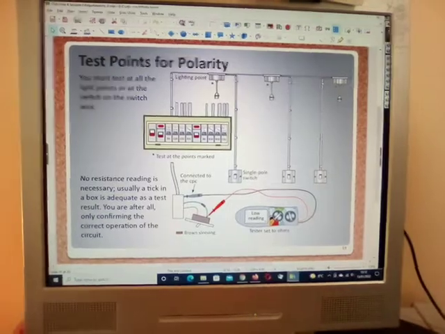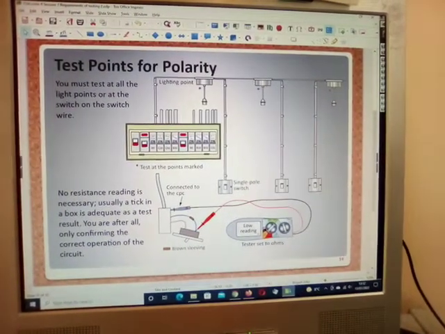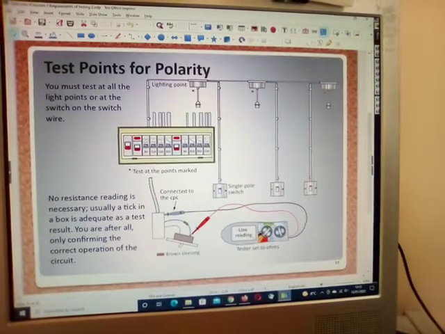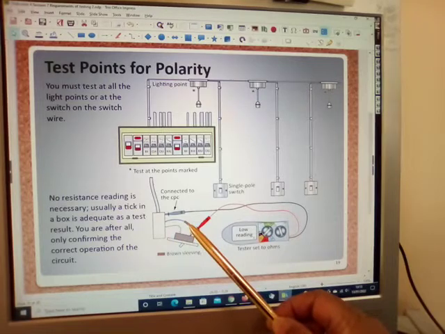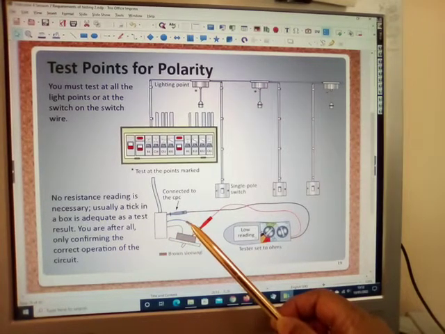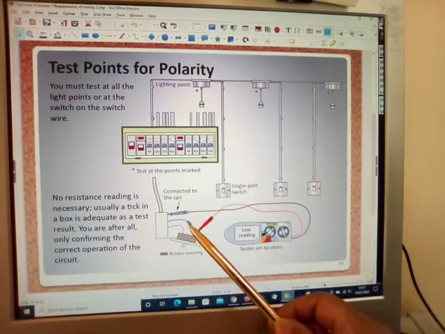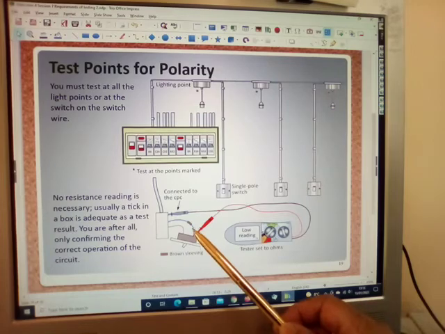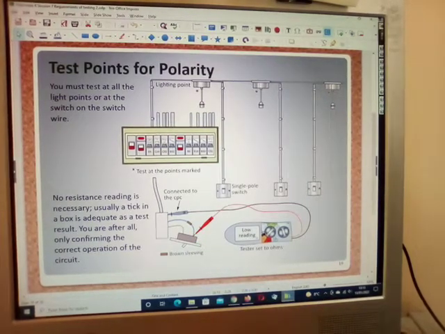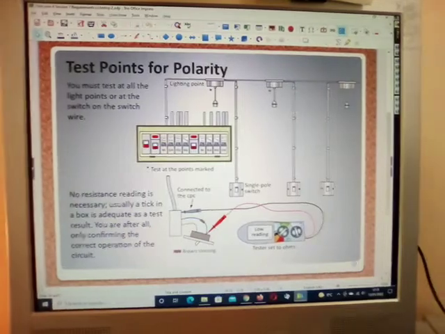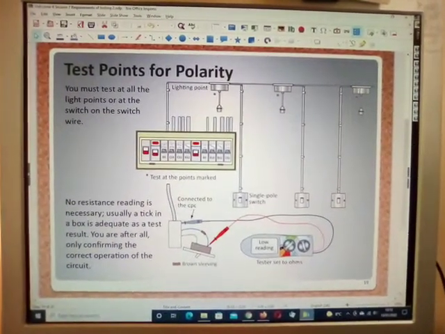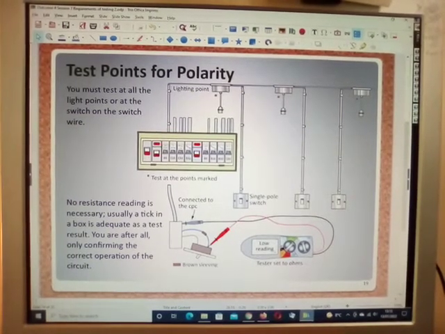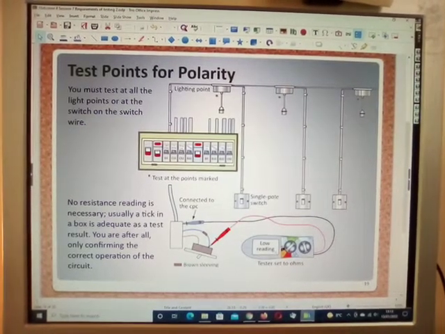Now we can consider this to be a switch wire, even though it's a blue cable, because we have a little brown tag on it, it has become a switch wire or a feed, whichever one we've chosen to make it. But again, read the information provided, look at the work you have been doing, and apply it.